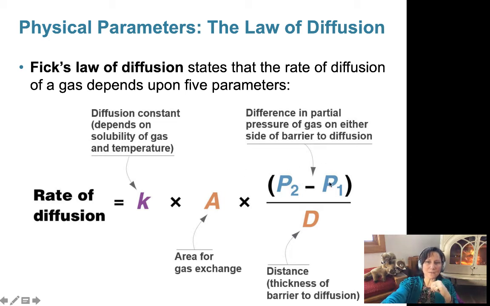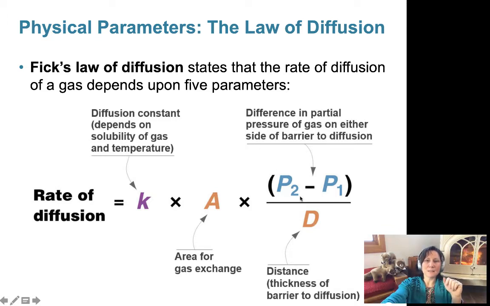Now here's where it gets kind of interesting. If you increase the partial pressure of gas on the outside, that's actually going to end up increasing the rate of diffusion all the way around. Think of it like this. Let's say P1 is, doesn't matter what number it is, just pick a number. It could be 5. And then let's say D is 10.